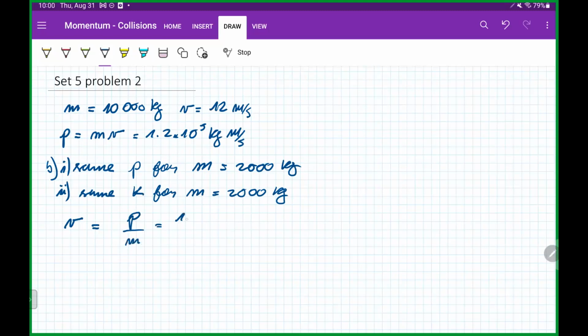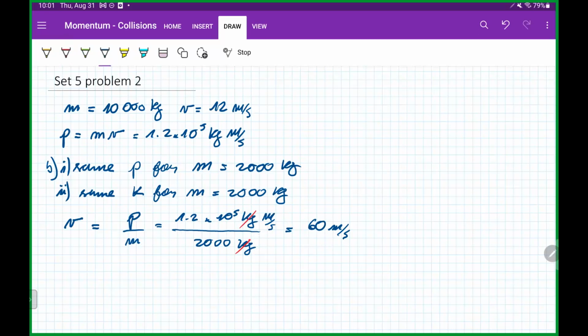So that's 1.2 times 10 to the fifth kilogram meters per second divided by 2,000 kilograms. And that's 60 meters per second. You can see that you get the units, right? So you get those out, and you finally get units of speed. So that's for one.